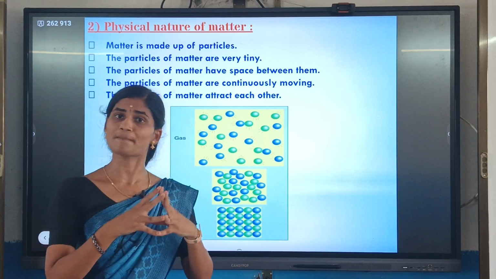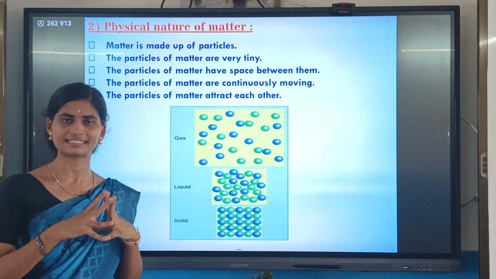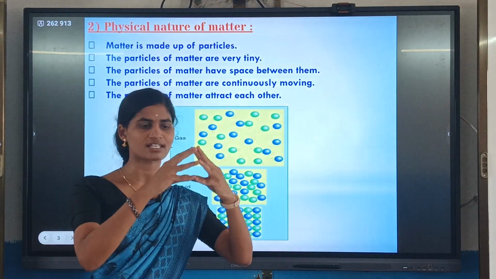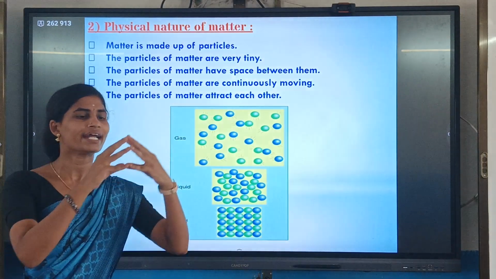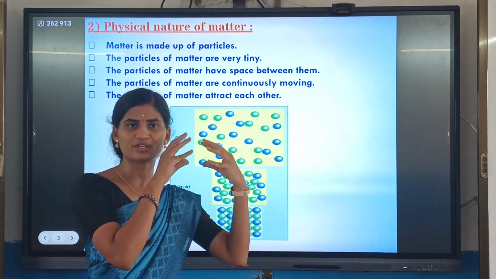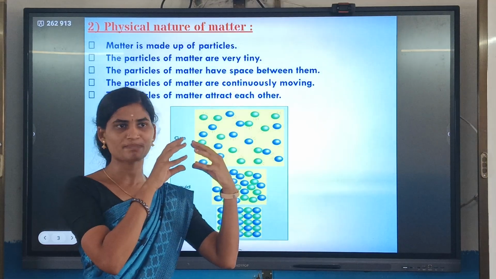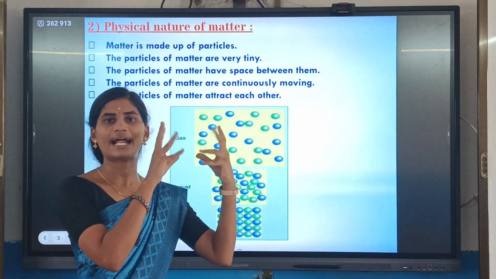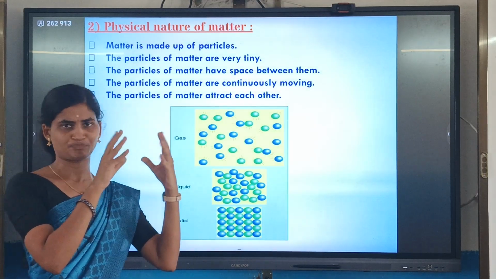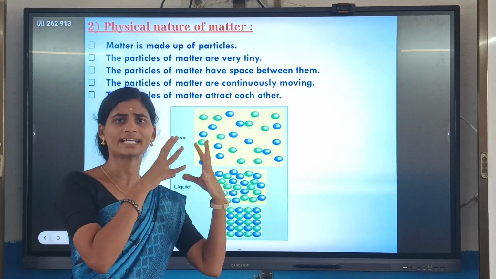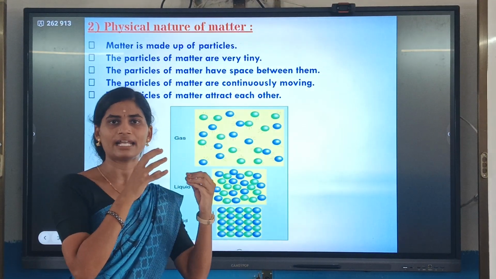In a thing, there are millions and millions of particles, right? They are all tightly packed in a solid. In a liquid, they have some space between them. In a gas, they are randomly moving like this. In a solid, we cannot easily separate them, but in a liquid we can.